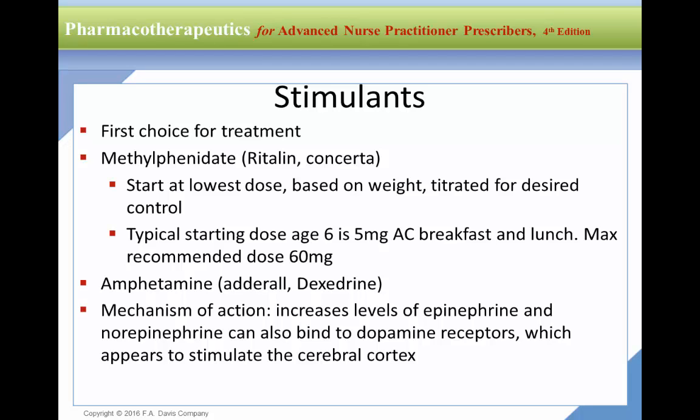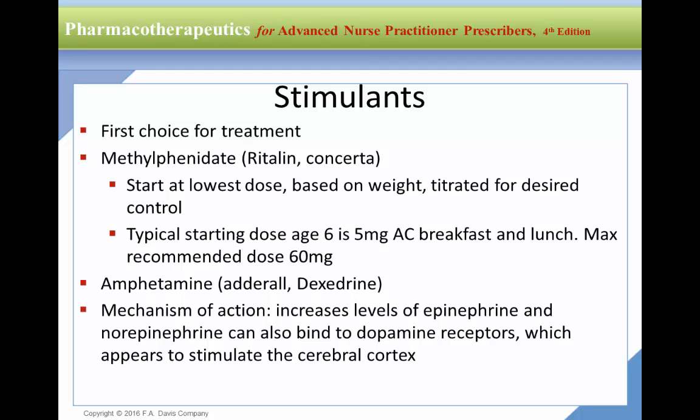Now, talking about treatment for ADHD, the first-choice treatment will be the stimulants. The downside of the stimulants is that they have sympathomimetic activity and act at the level of dopamine, agonizing dopamine and preventing reuptake of dopamine, serotonin, and norepinephrine at the presynaptic nerve ending.